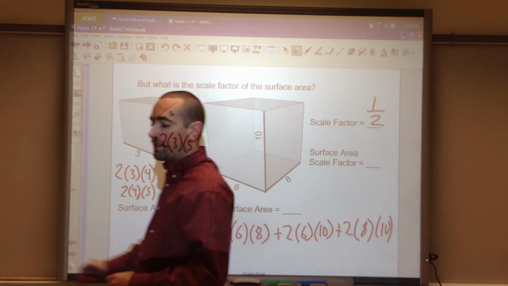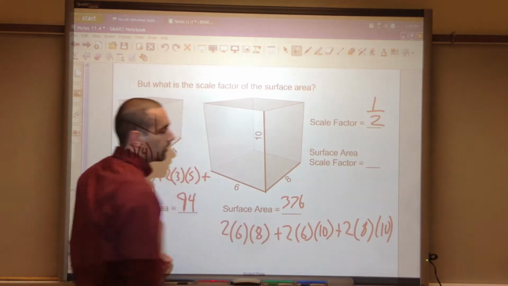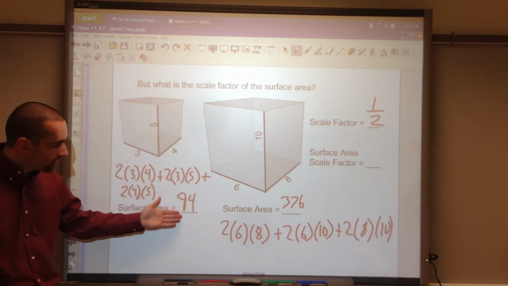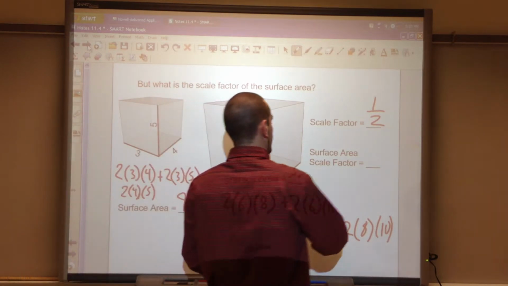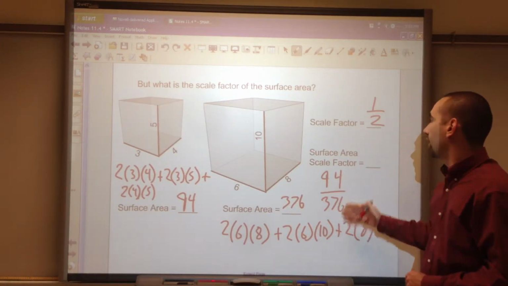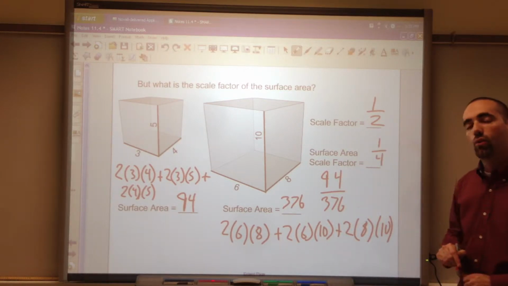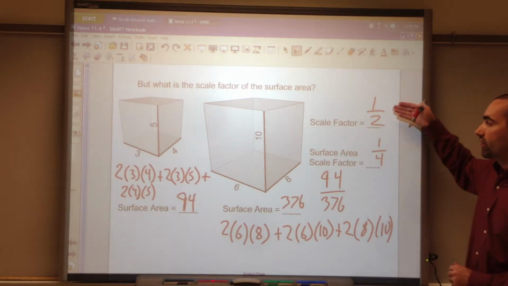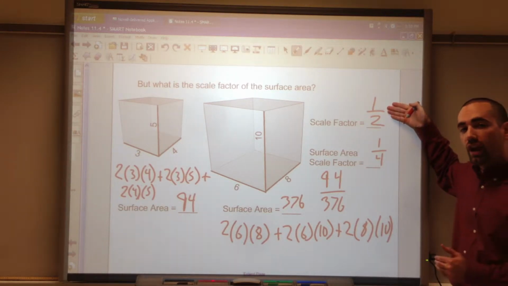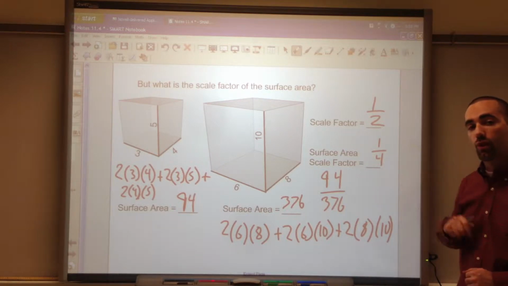So I do all of that, and I get 376. So our ratio is 94 over 376. This reduces to 1 over 4. So our scale factor of our sides is 1/2, but our scale factor of the surface area is 1/4.